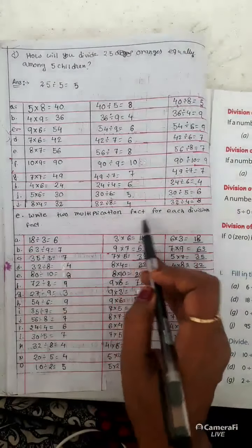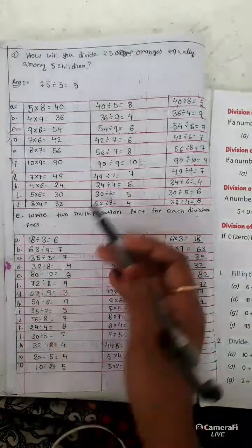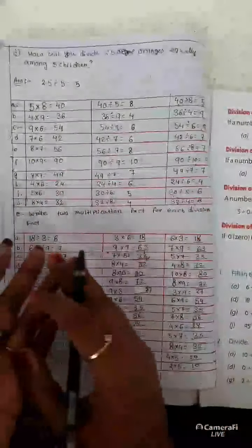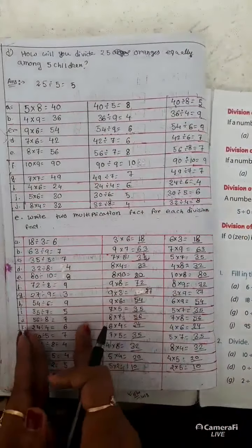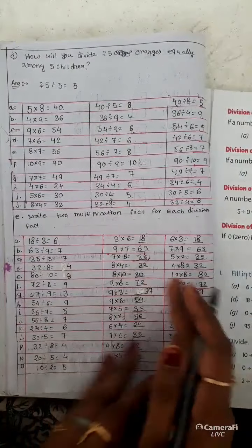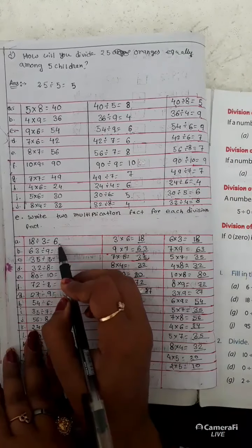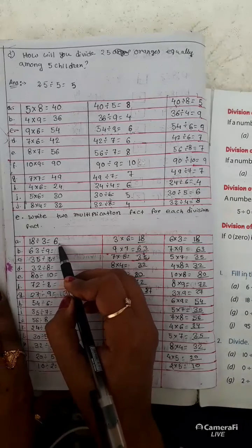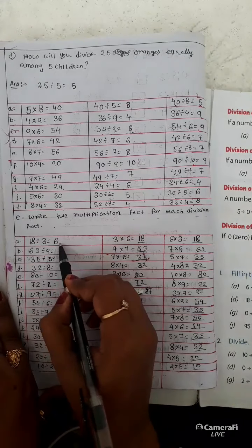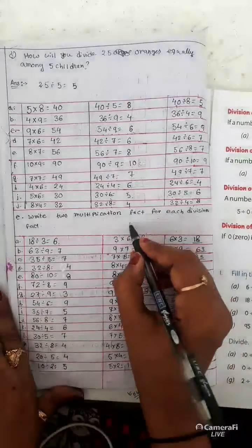Now write 2 multiplication facts for each division fact. Now the thing is just opposite. Here division facts are there and you need to take out the multiplication fact. So for example, 18 divided by 3 is 6. So if we divide 18 by 3, answer will be 6. And what will be the multiplication fact?